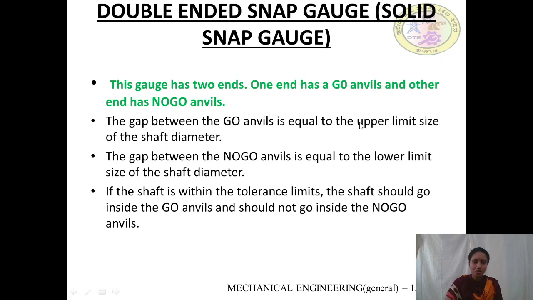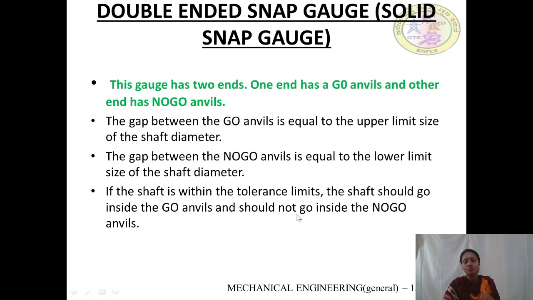You need to remember only this: the go anvil is equal to the upper limit size and the no-go anvil is equal to the lower limit size. In all types of gauges, whether plug gauge, ring gauge or snap gauge, this is the same. Whatever the manufactured component may be, shaft or hole, the product should go inside the go end and should not go into the no-go end.